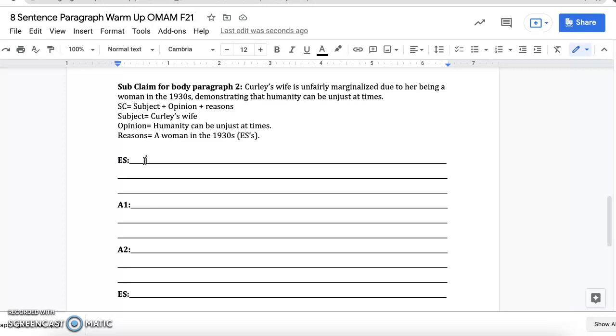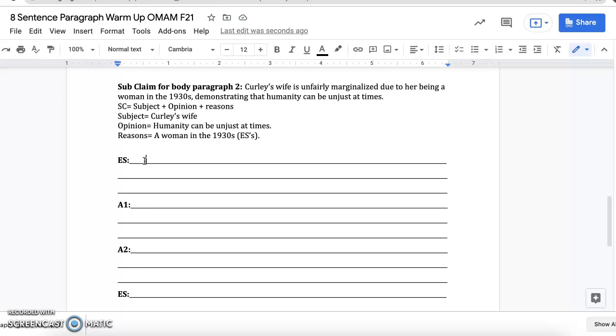And then we can also revisit chapter 4 in which she attempts to join Lenny, Candy, and Crooks in Crooks's room, and the men just unleash on her and tell her to go away because she's a woman and they want nothing to do with her because she's a married woman.